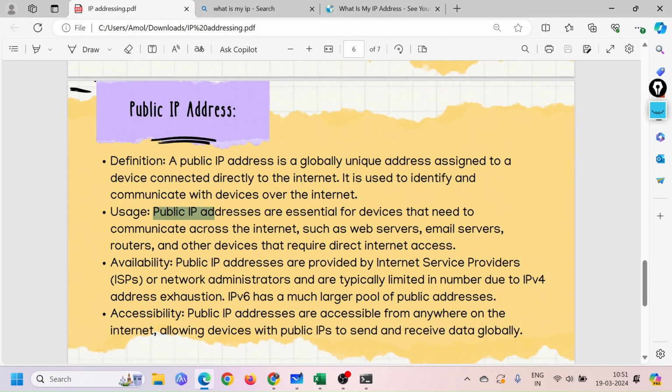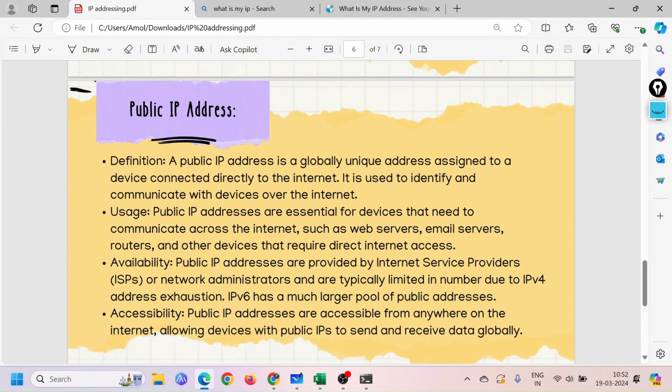Usage: public IP addresses are essential for devices that need to communicate across the internet, such as web servers, email servers, routers, and other devices requiring direct internet access. Availability: public IP addresses are provided by internet service providers, so those are not configurable by you. You get the IP directly, and network administrators also typically limit them.